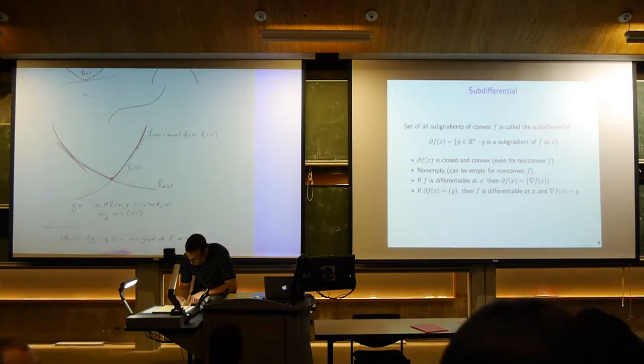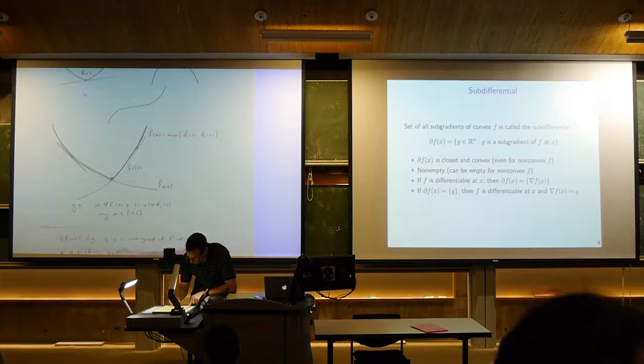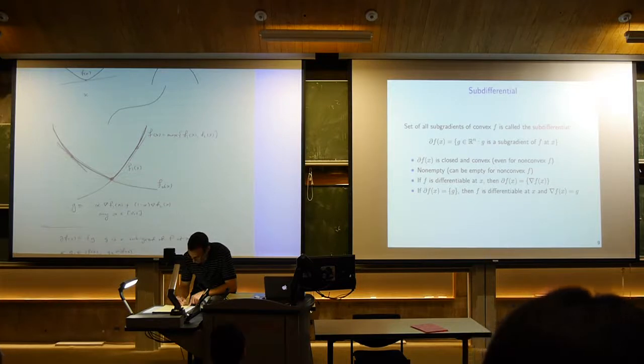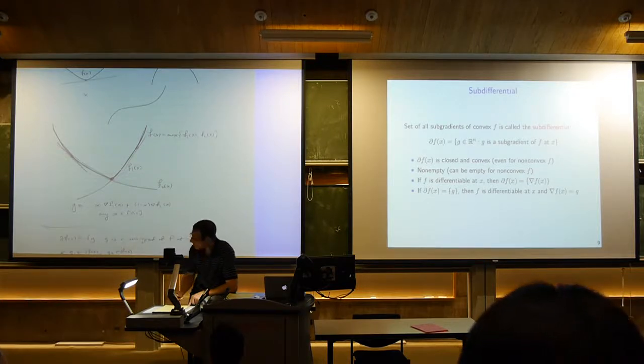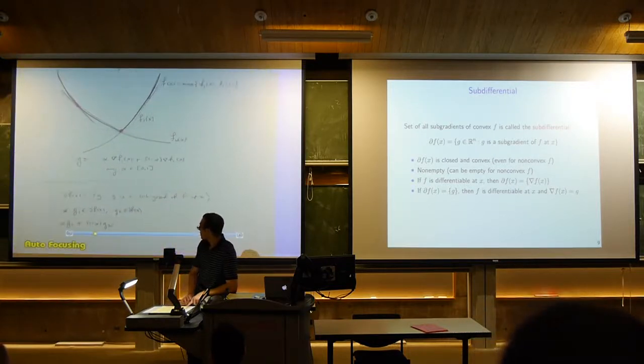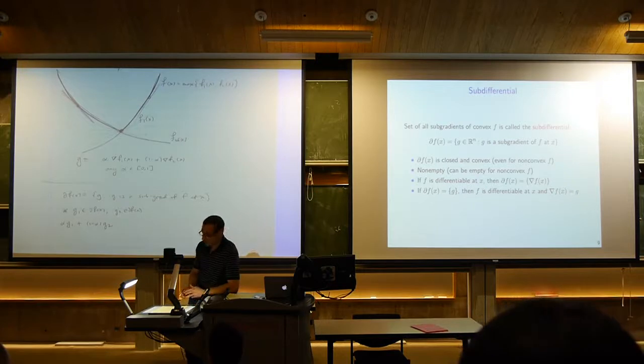Let's suppose g1 was in the subdifferential, and so was g2. Okay, then let's look at this point. Let's look at that value. We're trying to prove that the subdifferential is a convex set.